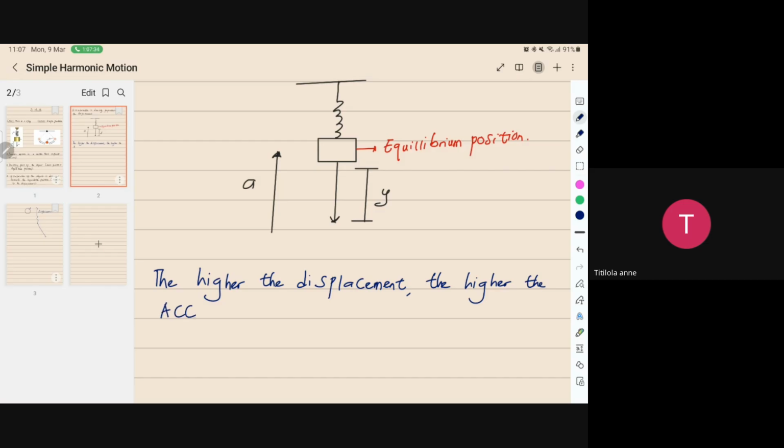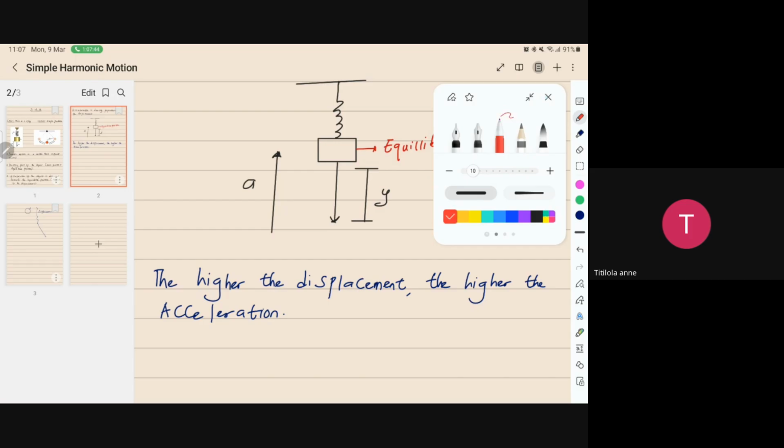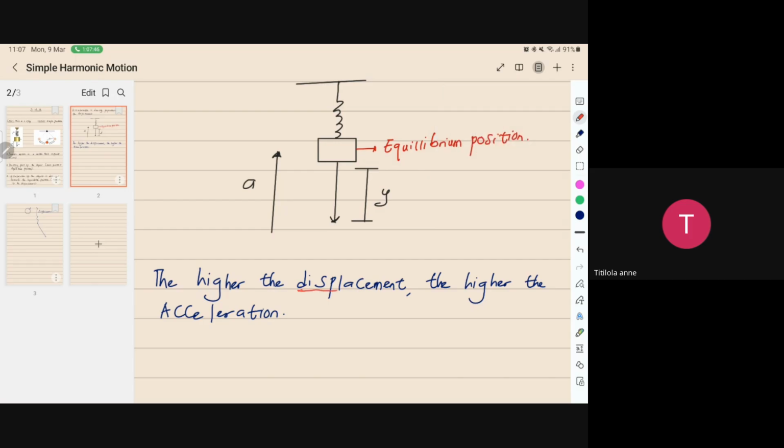And remember that acceleration is always in the opposite direction to the displacement because acceleration and displacement are vector quantities. They are both vectors, and because they are vectors, you have to put into consideration the direction. So when you pull displacement to the right-hand side, to the down part, acceleration is going to travel up towards the fixed position. At every point in time, it's going to travel towards the fixed position.